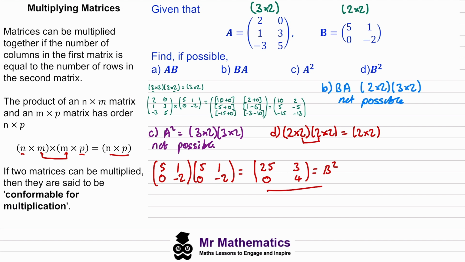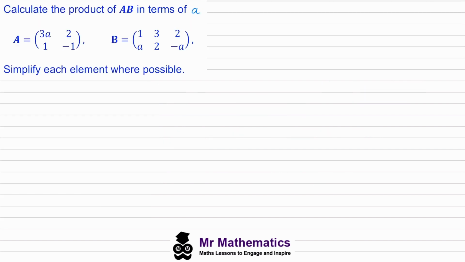Let's try one more example. So in this example, we've been asked to calculate the product of AB in terms of A, which is this A here, and then to simplify each element where possible. So we can see that matrix A is a square matrix, 2 by 2, and matrix B is 2 by 3.